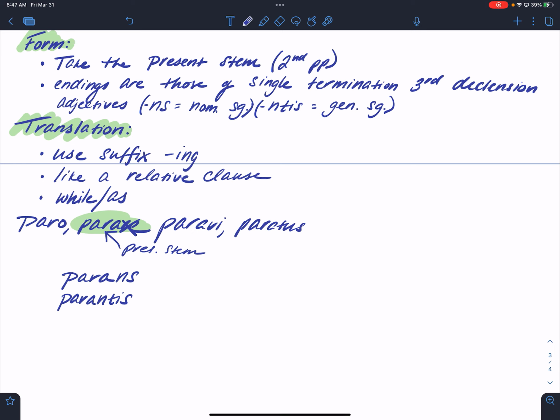So, parans, parantis, paranti, right? We remembering our third declension endings? Parantem, yep. Actually, no. This is because it's an adjective, it's an I, which is annoying. Paranti. Third declension adjectives are just like regular adjectives and then I after as well, right?